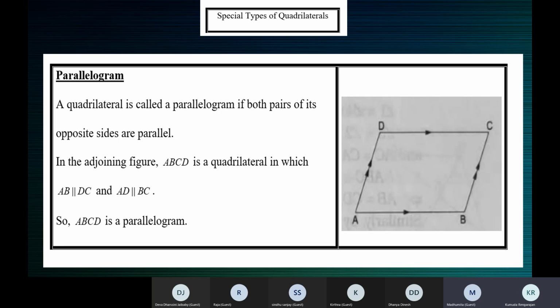Bisect at right angles? Both pairs of opposite sides are parallel. I missed that one. That is in the definition. Do the diagonals bisect at right angles? No, ma'am. They bisect each other, but not at right angles.